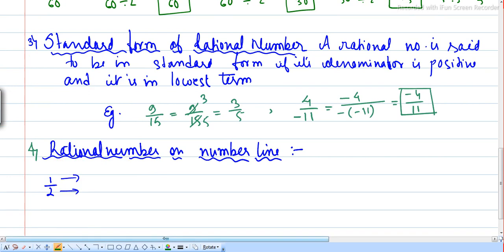So the numerator will represent that there is one line, and the denominator will represent the number of divisions on that line. Okay, now let's see.